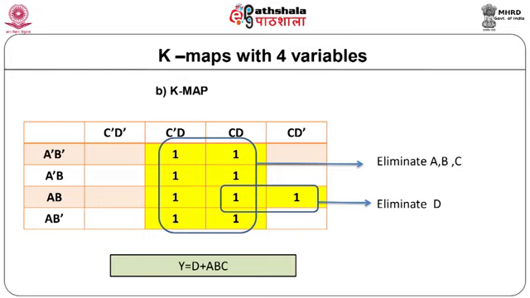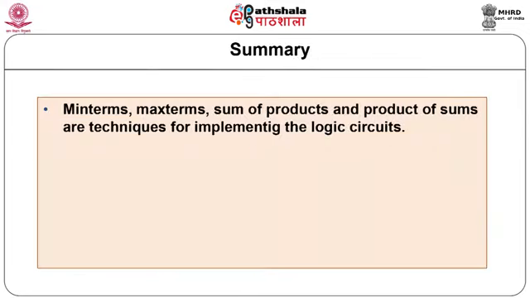So, thus we have shown that Boolean algebra can be used to simplify logical expressions, but it is a complicated process, whereas K-maps simplify the total mechanism in a simpler way. Min terms, max terms, sum of products, product of sums are techniques for implementing logic circuits.